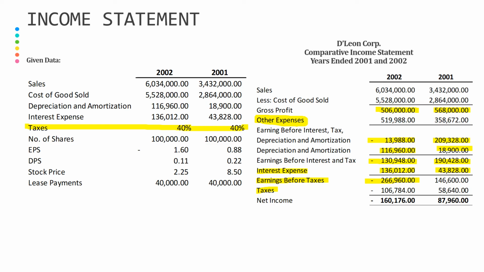Negative 266,960 multiplied by 40% is negative 106,784. And for 2001, 146,600 multiplied by 40% is 58,640. So De Leon Corp has a net income of negative 160,176 for 2002 and 87,960 for 2001.